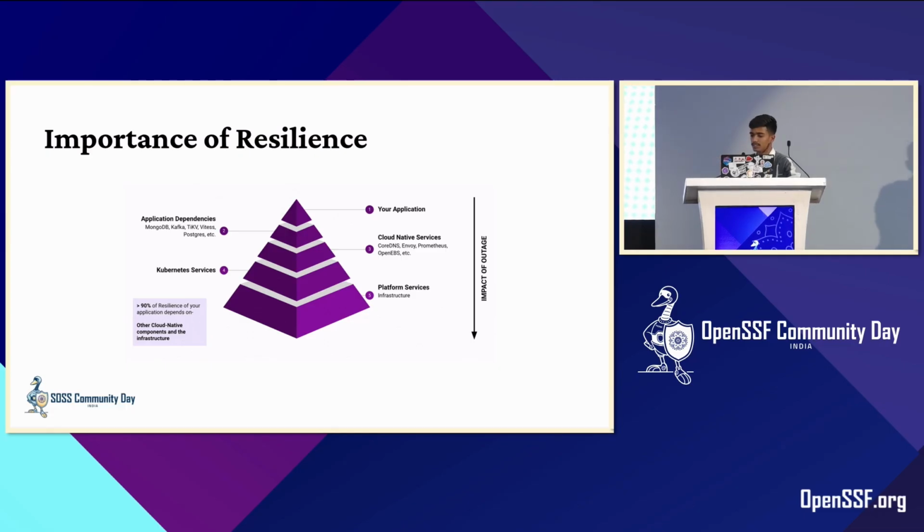Once your application is stabilized, the resilience of your services that run on Kubernetes depends on the other components and infrastructure, more than 90% of the time.